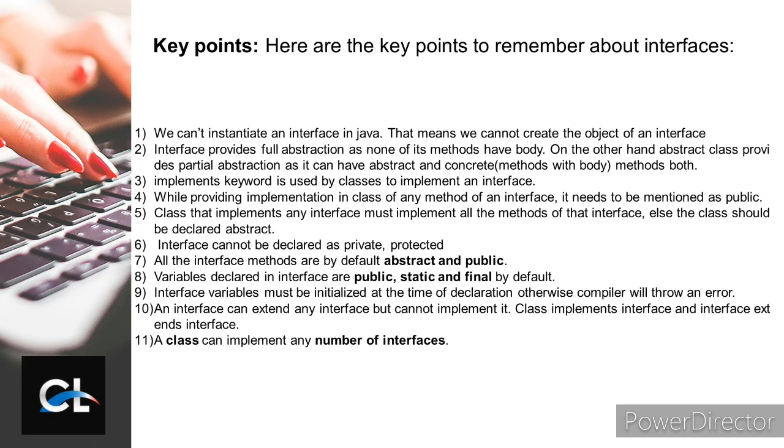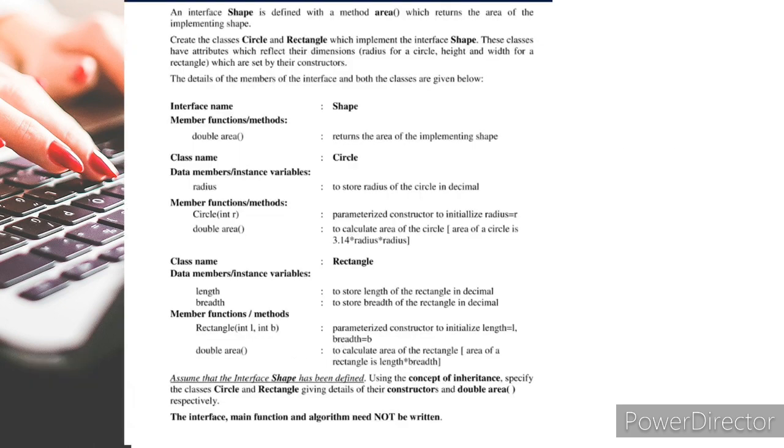Let's have a look at what type of questions you may face from this part. Suppose we have an interface Shape defined with the method area. Another class is Circle, with data member radius and a parameterized constructor, and a double area method with the formula given.